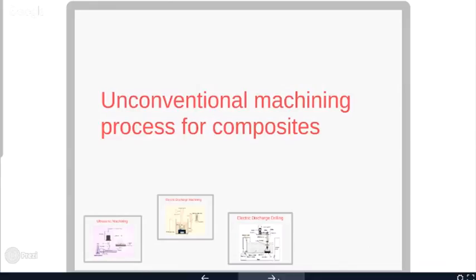But then you have to redesign the flute also, right? You have to redesign the flute because in the conventional drilling process, the chips will be climbing up through that flute. So if your intention is to carry the whole material downwards... These particles are basically in a slurry form.